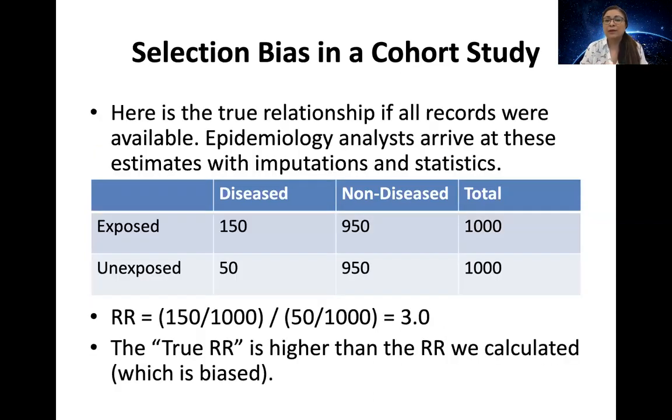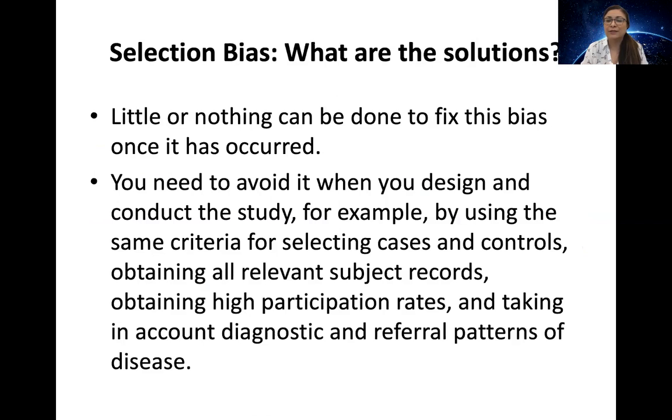So we want to avoid this, and it's really tough. There's almost little or nothing we can do other than doing a statistical estimation, comparing it, writing it up, and saying we think that there might have been a selection bias here, and we just talk about it.